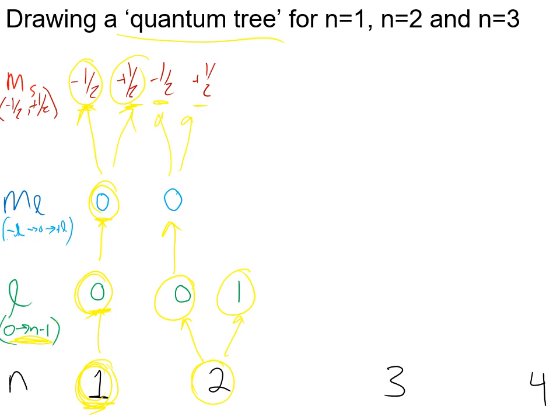Now it's a little bit more interesting when we get to the L value for principal quantum number 2. The L value could be 0 or it could be 1. If it was 1, then the ML values go from -1 or 0 or +1. So there's 3 options for this new shape.